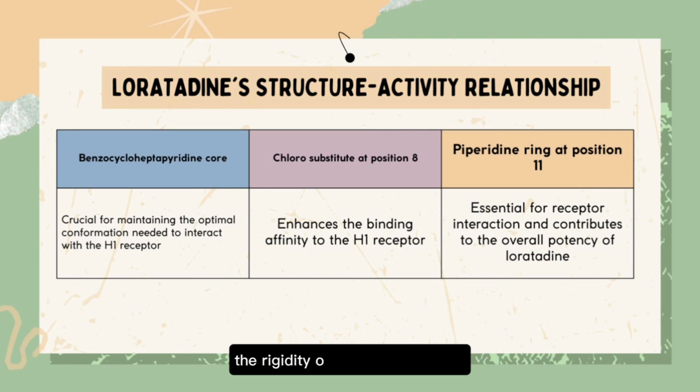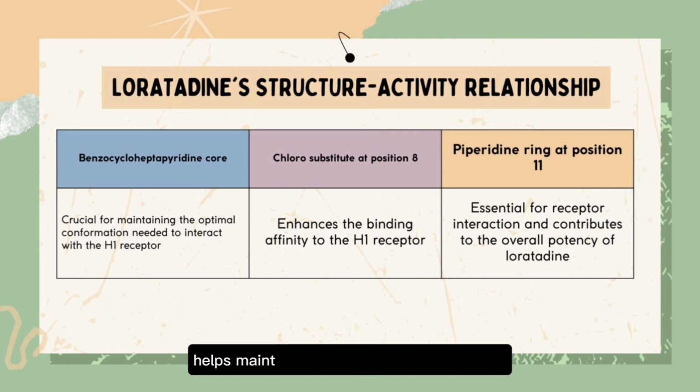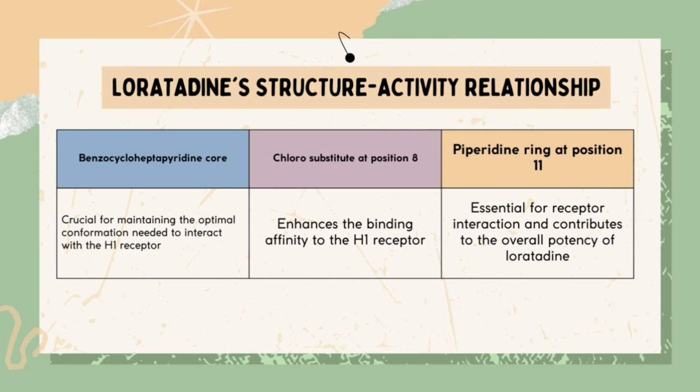The rigidity of this core is crucial. Flexibility in this region would likely disrupt the precise spatial arrangement needed for optimal binding to the H1 receptor. The rigid structure helps maintain the correct orientation of the other functional groups.